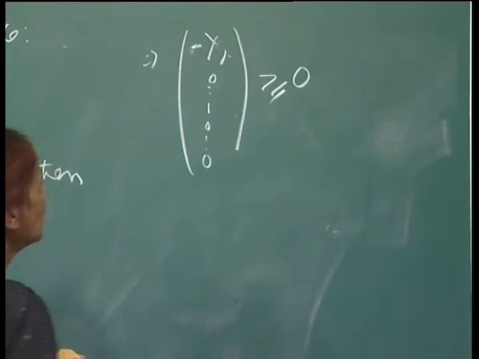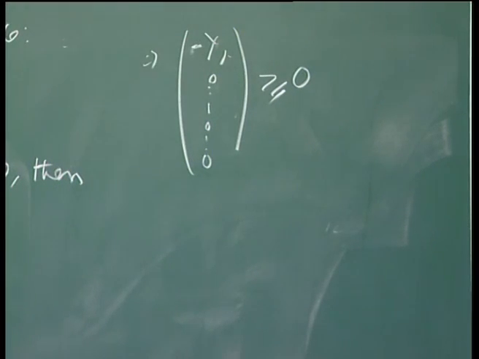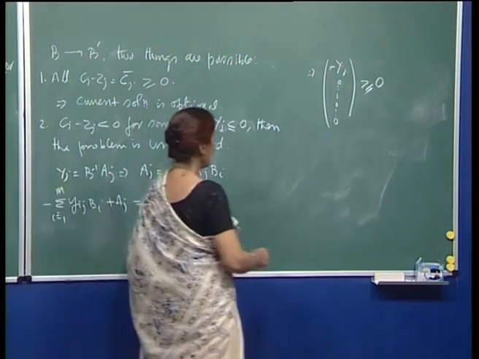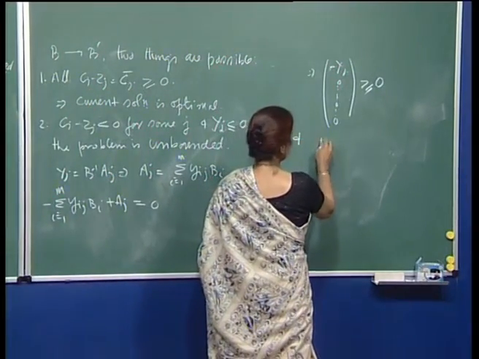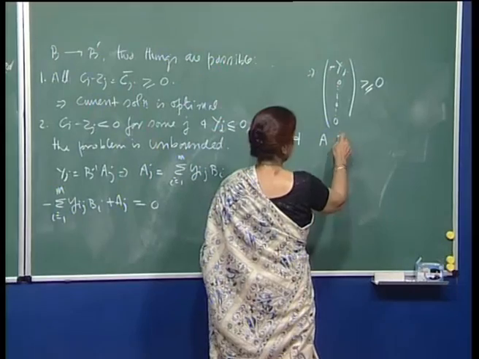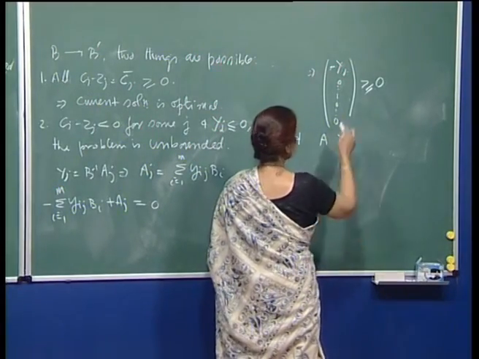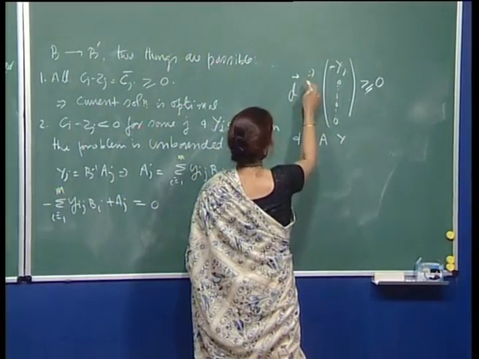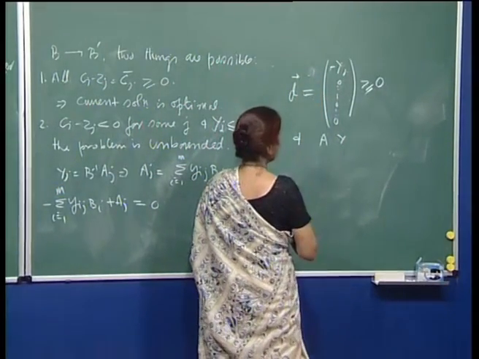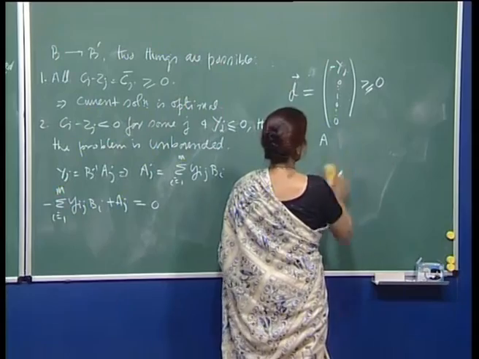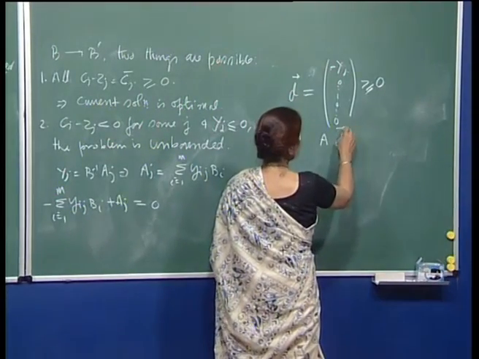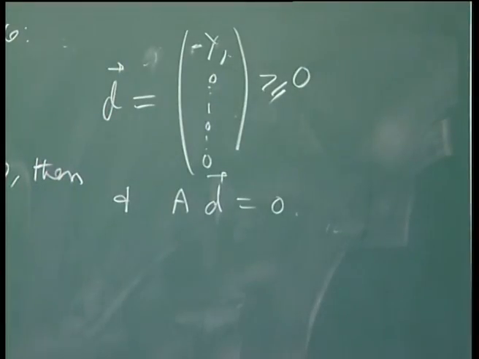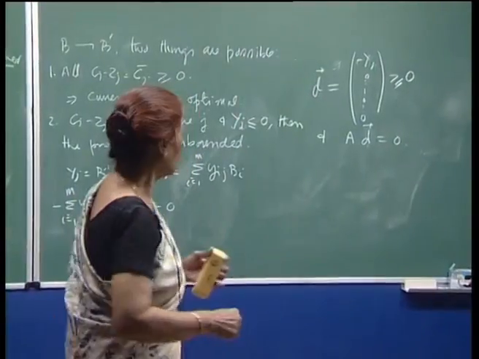As a vector, it is a non-negative vector, and from here it follows, and your A of, let me call this D, because we have been giving it a name, and A D is 0. So, D is a non-negative vector such that A of D is 0, right.